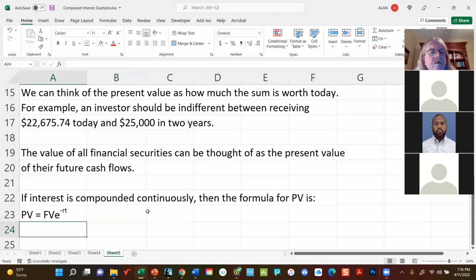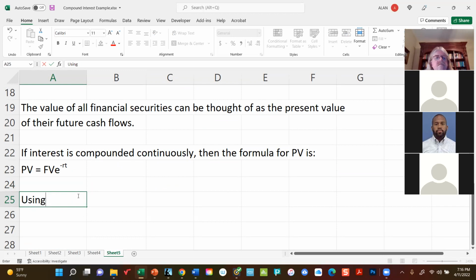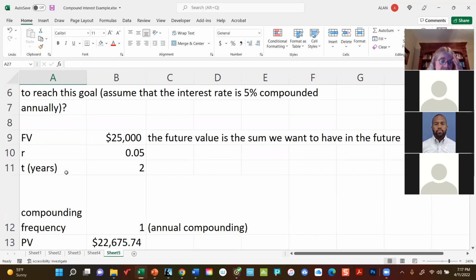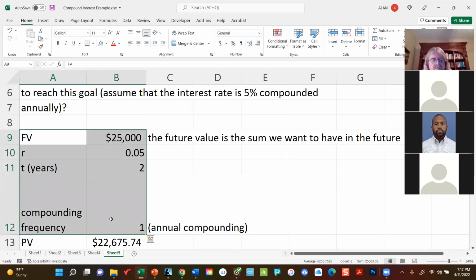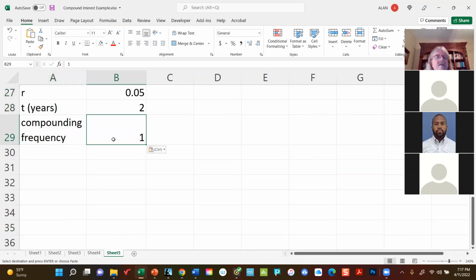So let's try this example again with continuous compounding. So we had all of this information, except now this is infinity. What's the PV?